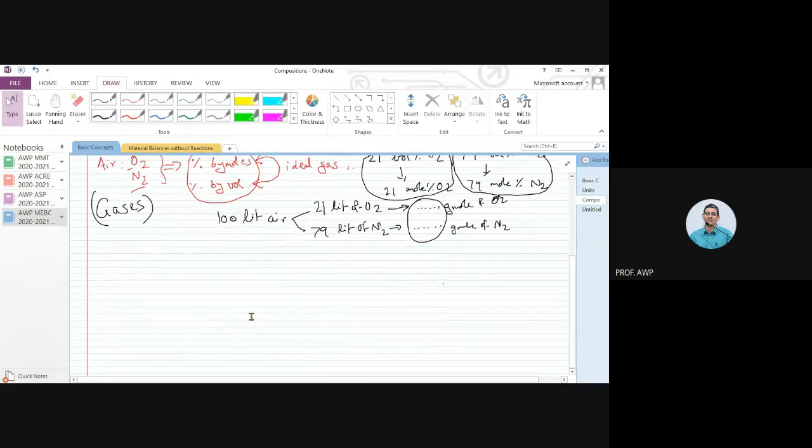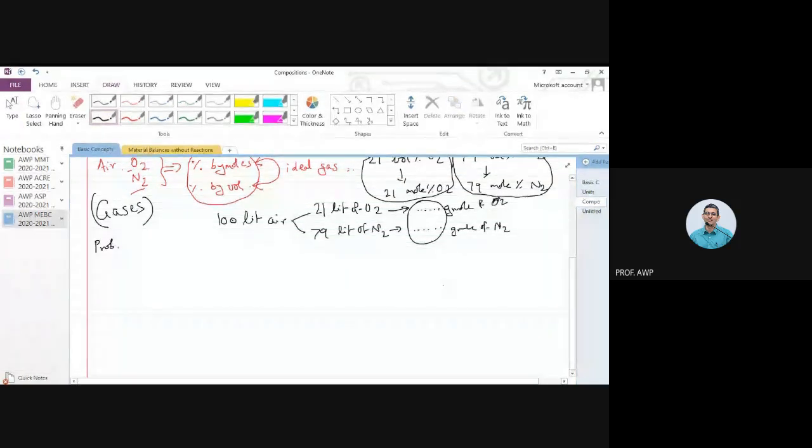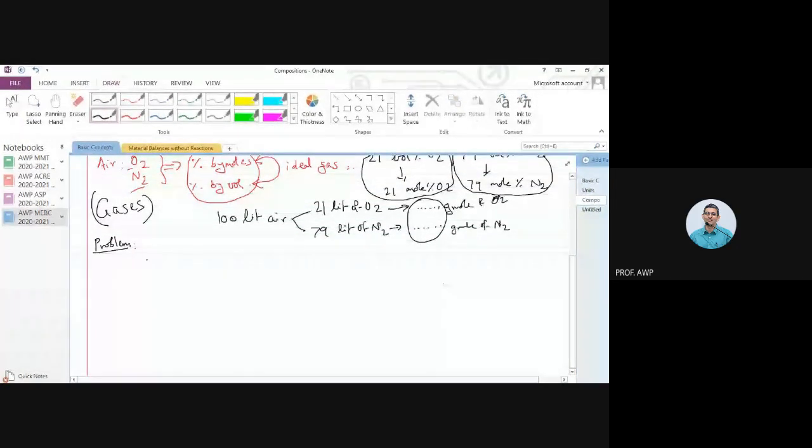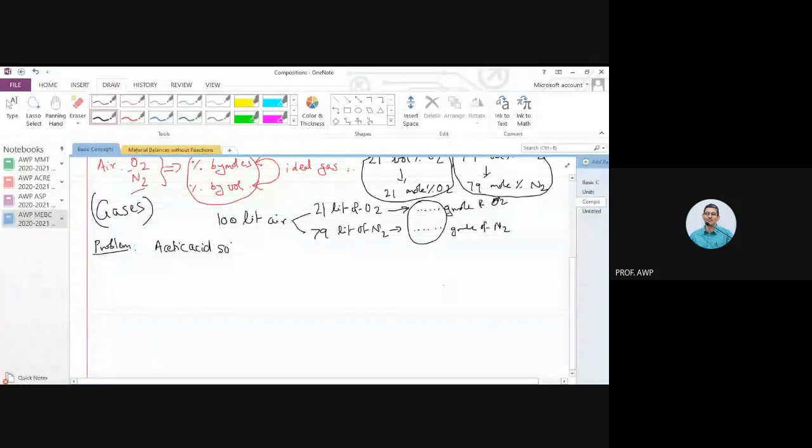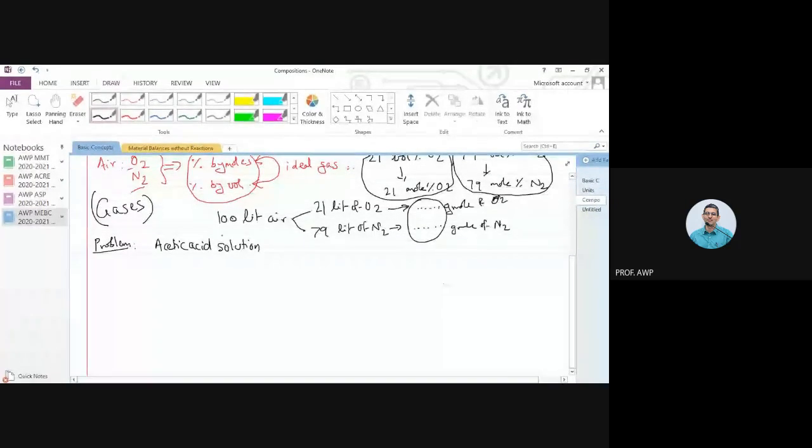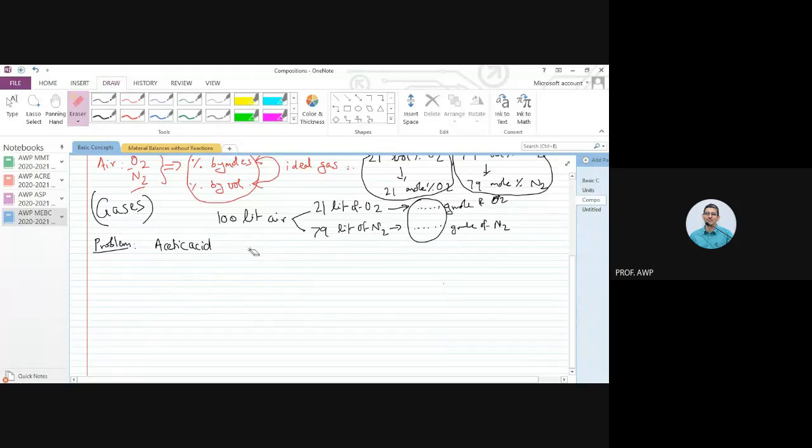To illustrate all these concepts, let us take a problem, and you are going to do this problem for yourself, and then we will talk about it. So let's say we have an acetic acid solution. When I say solution, it is an aqueous solution. That means we have acetic acid and water.